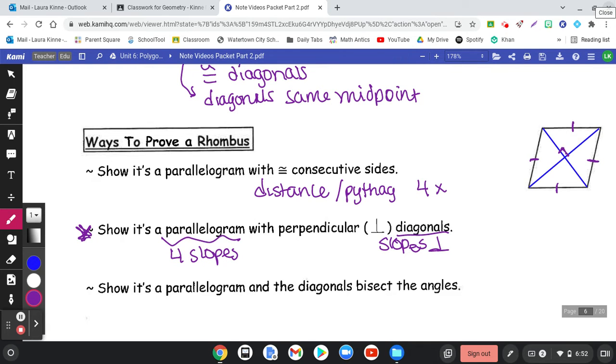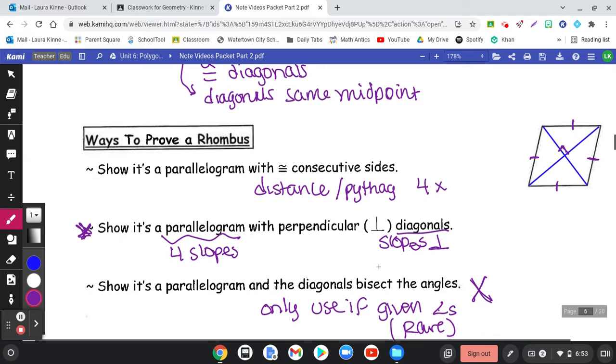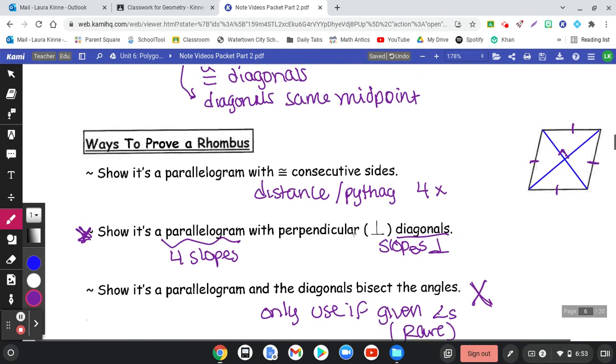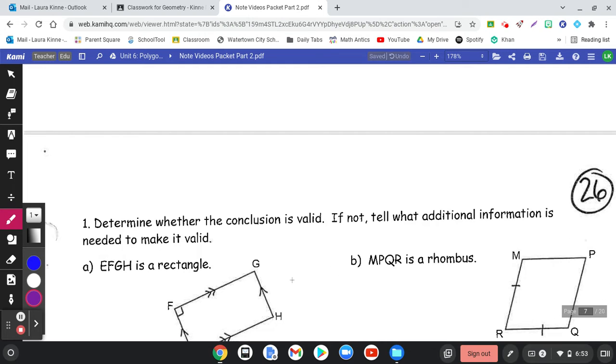We don't know anything about the angle measure, so you're only going to use that if they give you angles. But that is rare. You're not going to see that much. All right, and then the last part of this, I guess we're not getting into squares yet. We'll worry about that later.